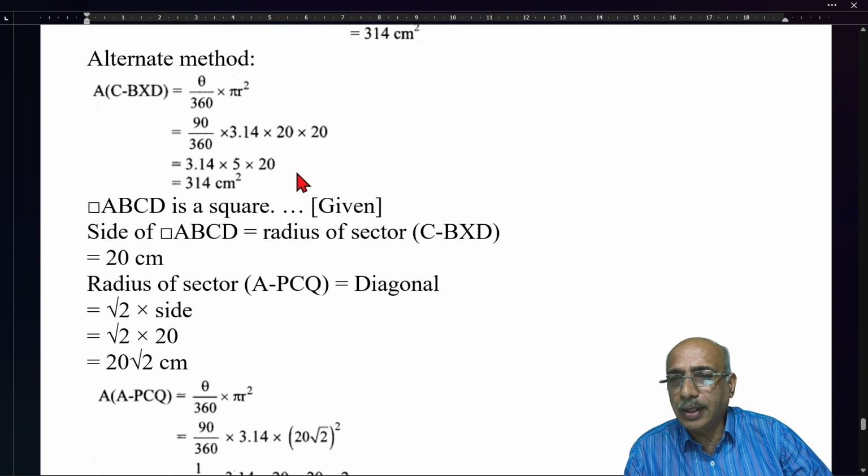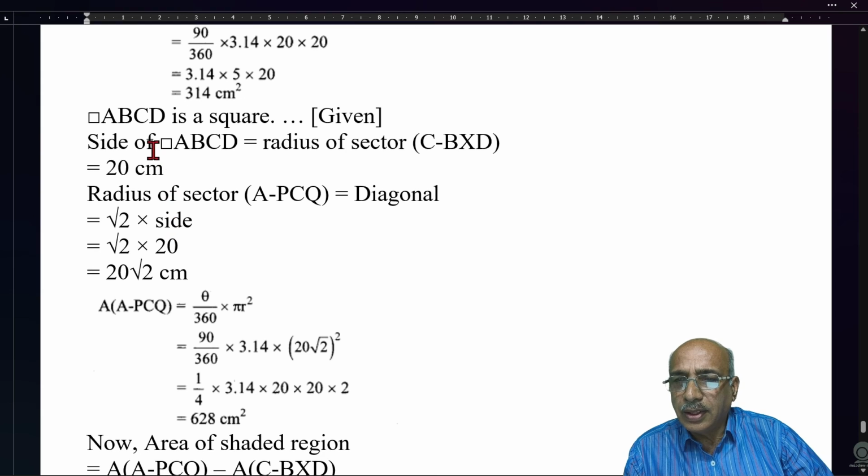Alternate method is explained here. Area of sector C'BXD equals theta upon 360 pi r square. Simplify, you will get 314. Quadrilateral ABCD is a square. So, given side of quadrilateral ABCD equals radius of sector C'BXD equals 20 centimeter. Radius of sector A'PCQ equals diagonal, that is root 2 into side, root 2 into 20, 20 root 2.